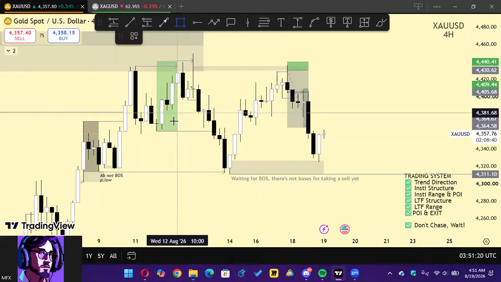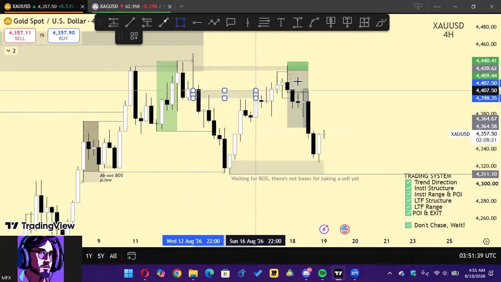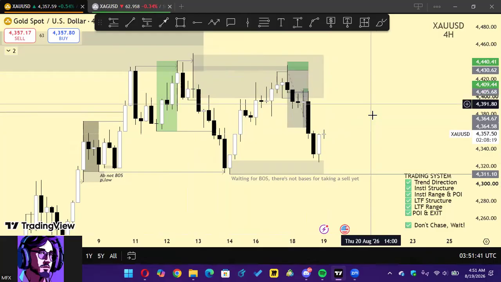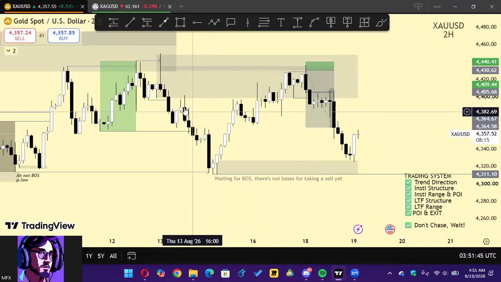This intermediary range is not a valid institutional range, but because of the higher time frame institutional structure saying sells, I'm ready to go in and build my bias based on what institutional structure is saying. So first of all, I looked at this and started refining it down to a lower time frame.